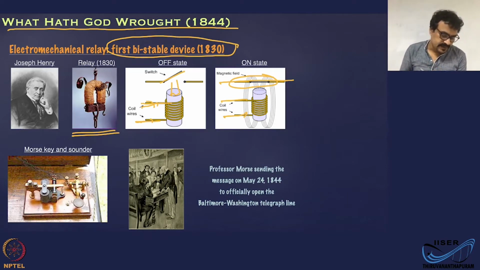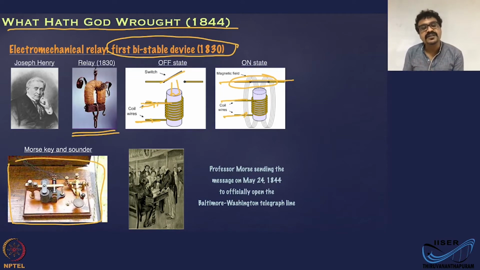And this electromechanical relay revolutionized the then communication technology, which was the telegraph. What you are seeing here is the picture of a Morse key sounder by which you send messages. It also has only two states, a long press or a short press.